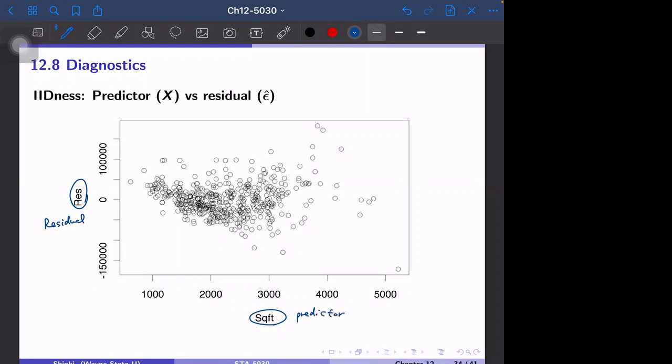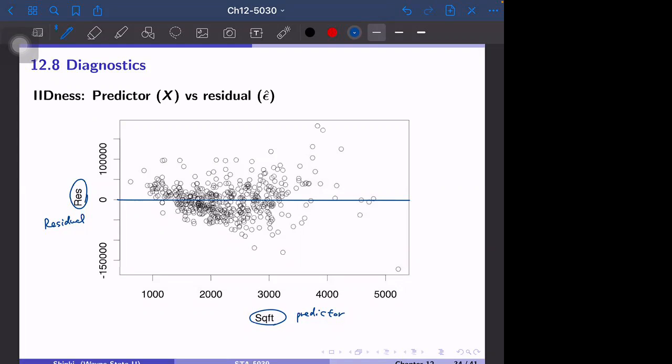Since errors are IID, it should not have any pattern. We have the line where the error is equal to 0, so errors are on average 0. This line is the center, but also the residual should not have any pattern.